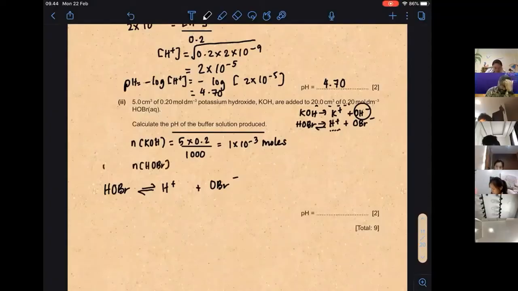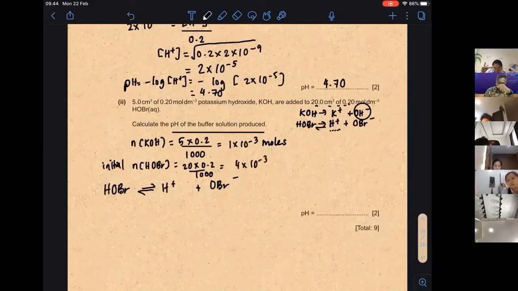This is 20 times 0.2 divided by 1000, which is 4 times 10 negative 3. That is your initial.